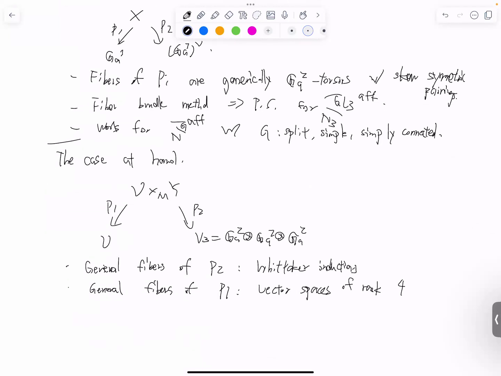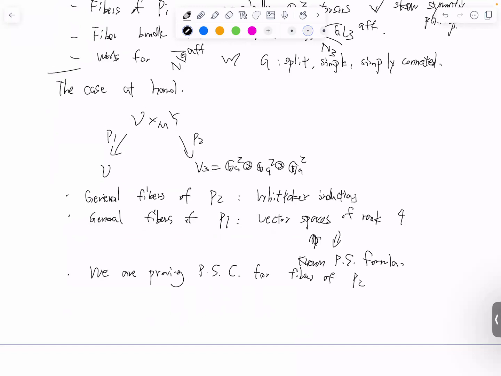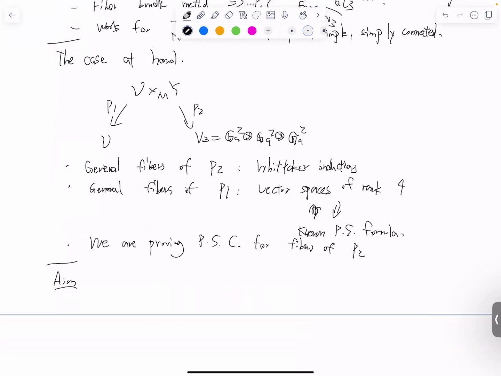Since this is a vector space of rank 4, we already have a known Poisson summation formula and Fourier transform, and we can make use of that. And for the fibers of P2, those Whittaker inductions, we are working on proving the Poisson summation conjecture. The aim is that after we complete this for the fibers of P2, we can prove the Poisson summation conjecture for this fiber product using the fiber bundle method.